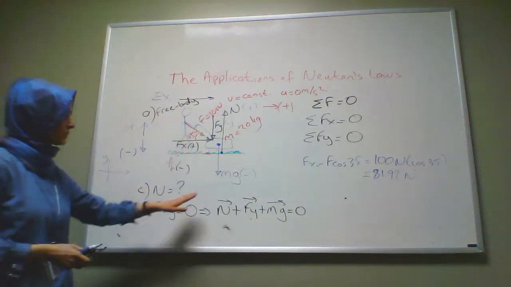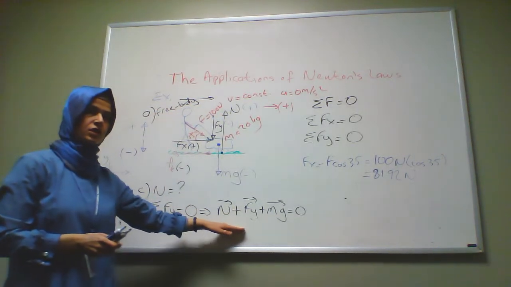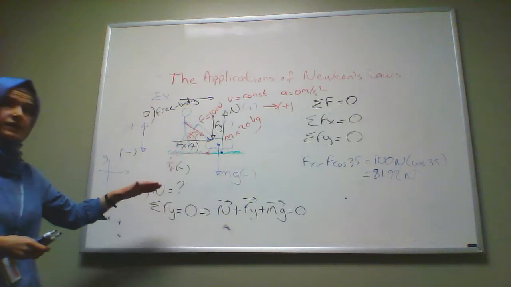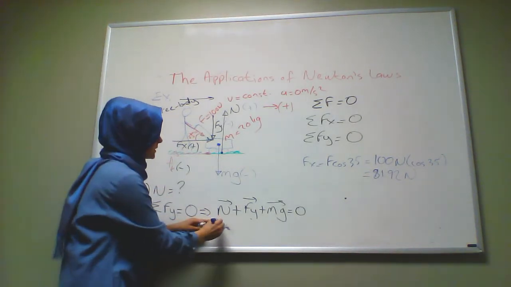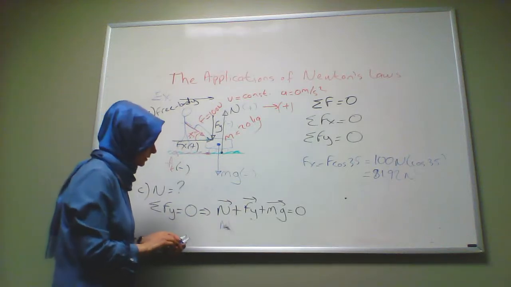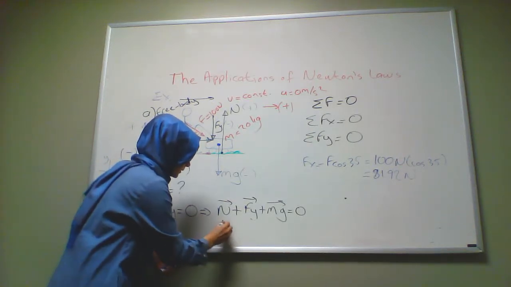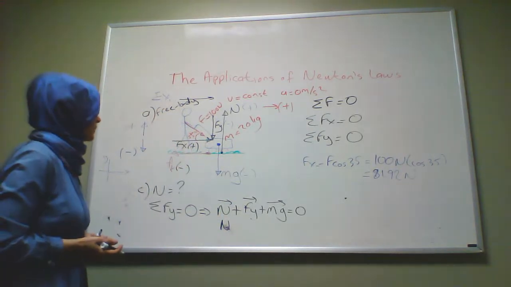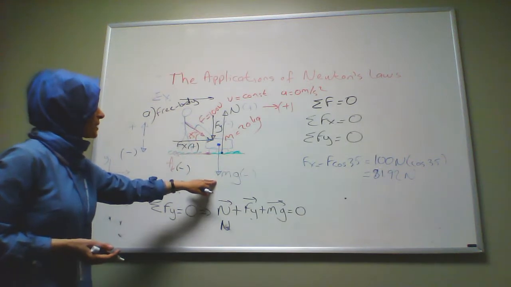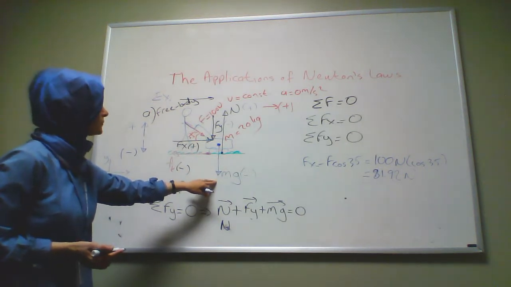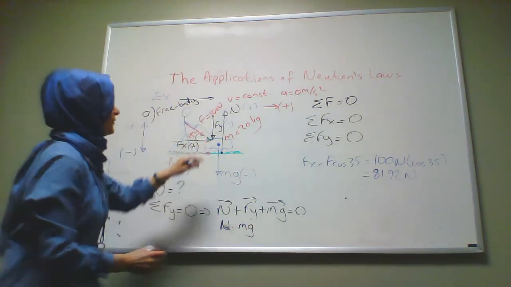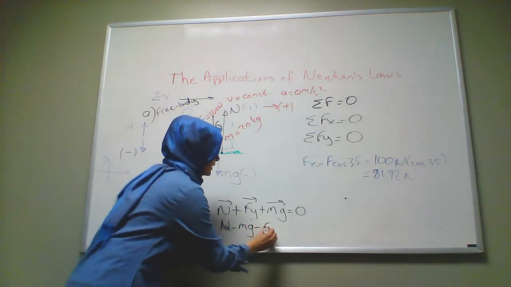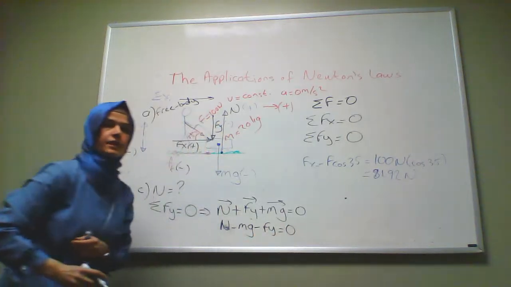Now when I'm entering the magnitude, moving into magnitude addition, I have to take positivity, negativity into account, so I'll get the correct answer. My N is positive and I don't know what it is, so I put it in here. My mg is negative, so it's minus mg. My Fy is negative, minus Fy, and all these are equal to 0.